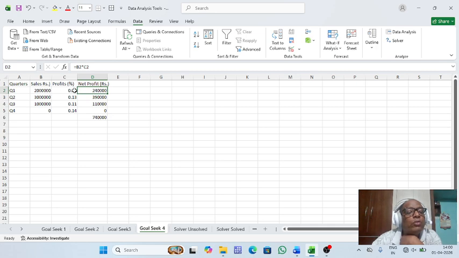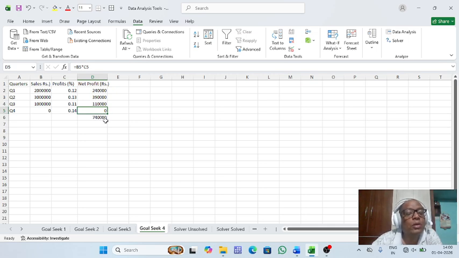So 20 lakh into 0.12 is 2 lakh 40,000, 30 lakh into 0.13 is 3 lakh 90,000, and 10 lakh into 0.11 is 1 lakh 10,000. Similarly you put the formula B5 into C5. Adding these 3 quarters' net profit, you get a value of 7,40,000.